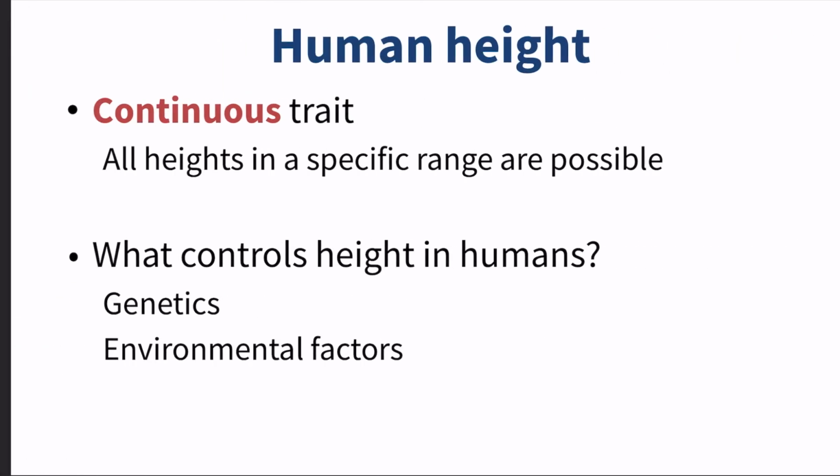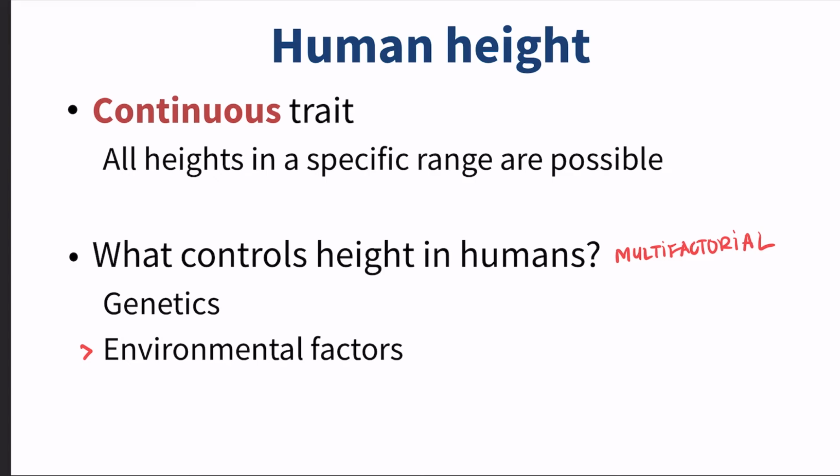Human height is a great example of a continuous trait. So that means that all the heights in a specific range are possible. And human height is a multifactorial trait. It is dictated by multiple genes, and it's also dictated by environment.